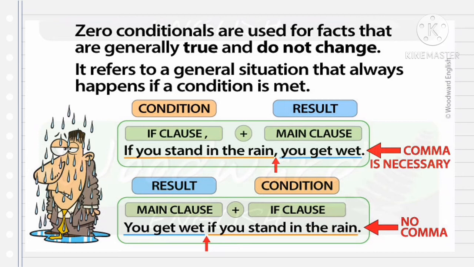How do we form zero conditionals? We start with the if clause, followed by a comma, and then the main clause. However, this form can also be inverted. We start with the main clause, comma removed, and then followed by the if clause.